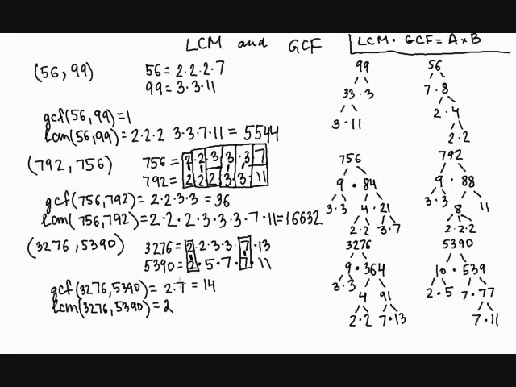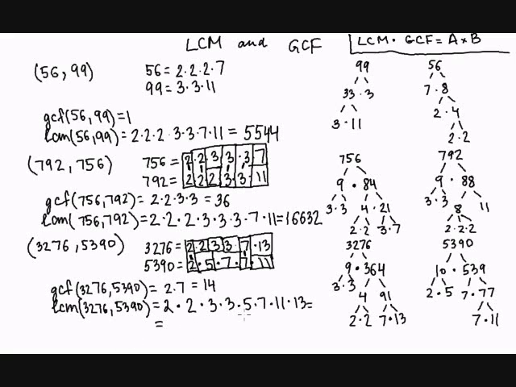We write 2 for this pair, another 2 from here, then 3 times 3, these 3 and these 3, then 5 and 7, then 11 and 13. Just remember, the common factors you only write once.